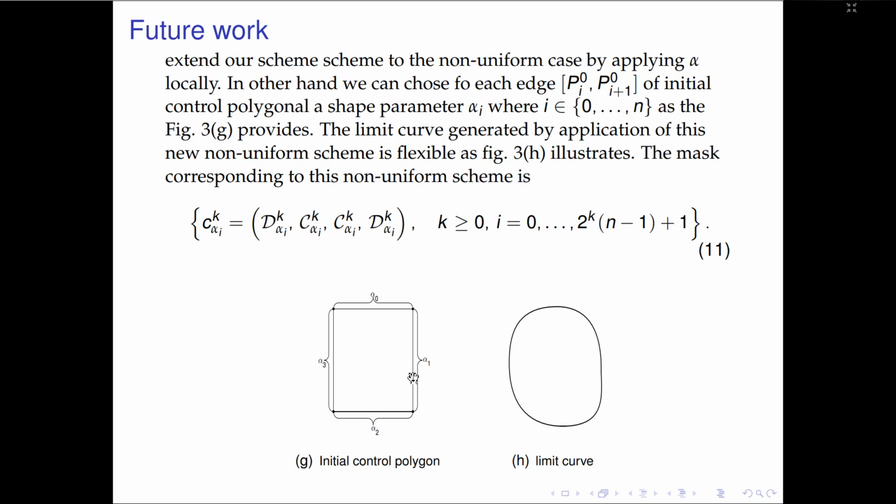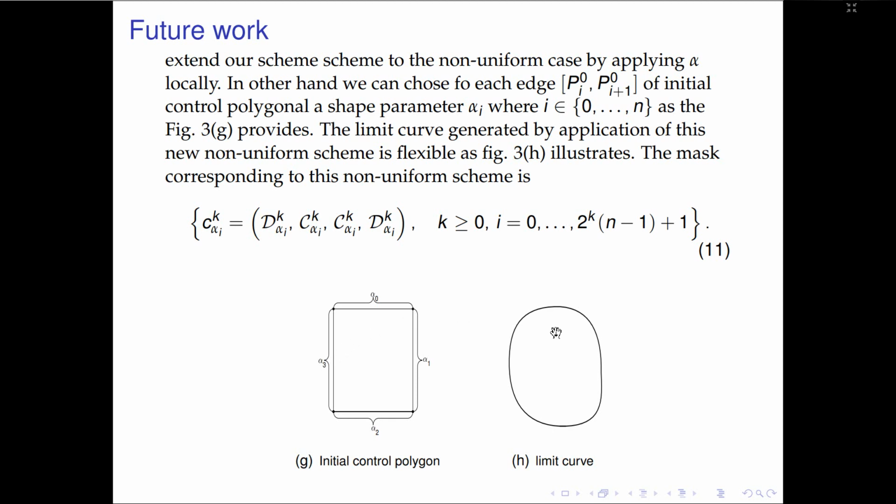So the idea is, why not apply for each edge specific values of alpha, which means between p0 and p1 we apply alpha 0, between p1 and p2 alpha 1, between p2 and p3 alpha 2, and between p3 and p4 alpha 3.